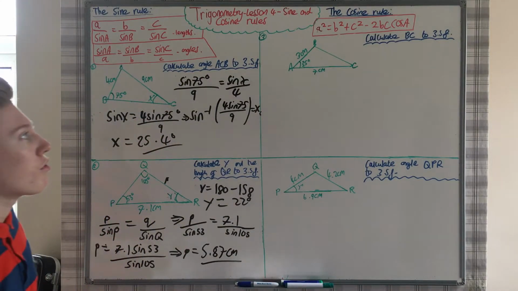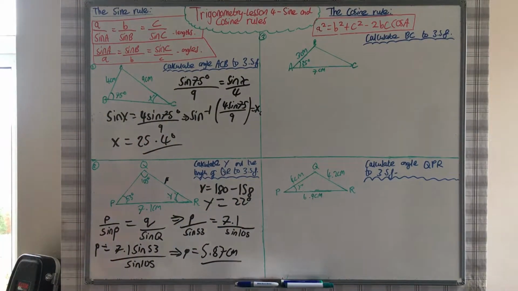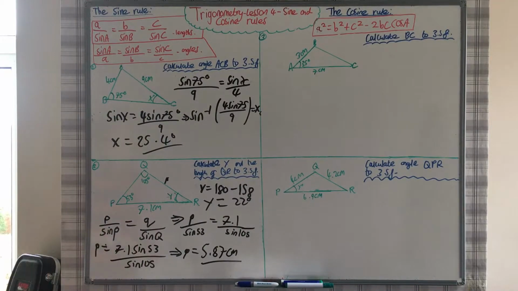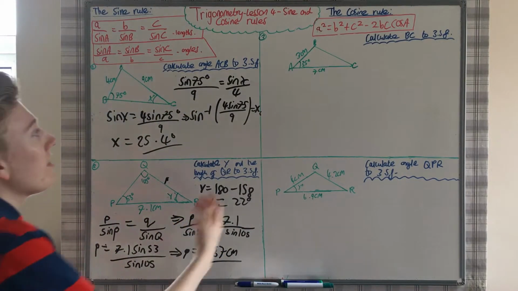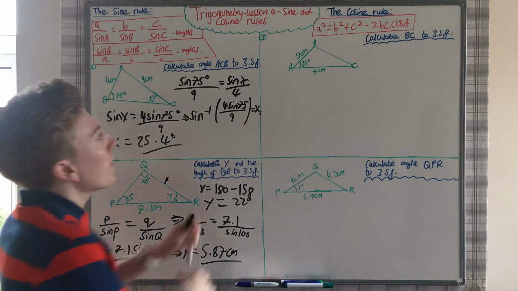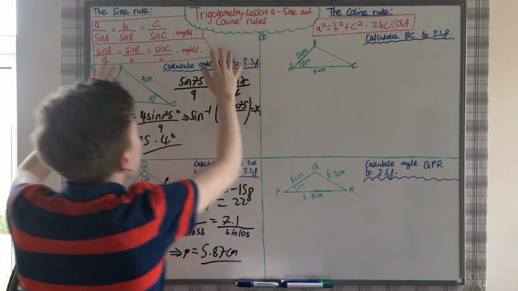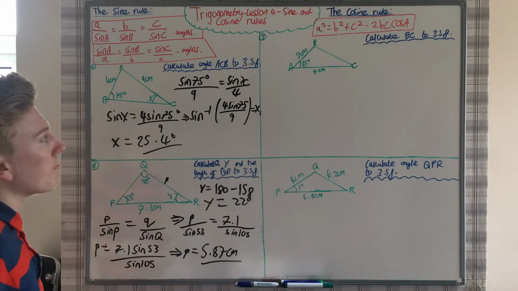We have to use this cosine rule, which is that a squared is equal to b squared plus c squared minus 2bc cos A. So the first one says calculate BC to three significant figures. And BC is the opposite side, so we can actually directly apply this formula. The a is lowercase, and it still applies that the small letter is opposite the capital letter, the angle.